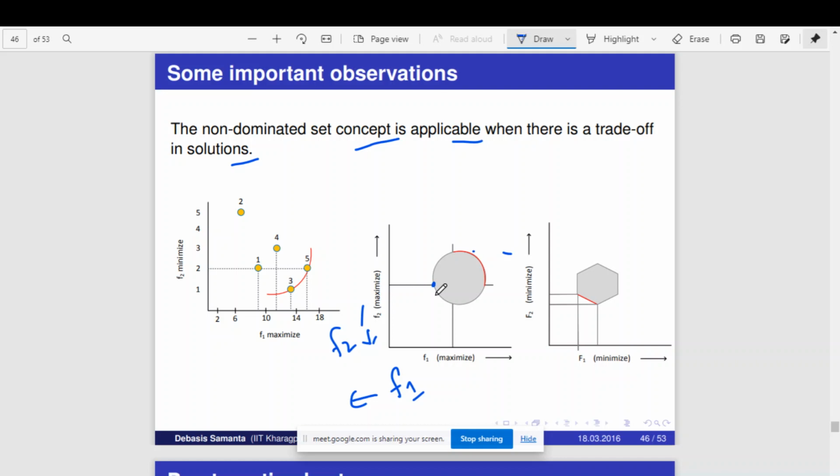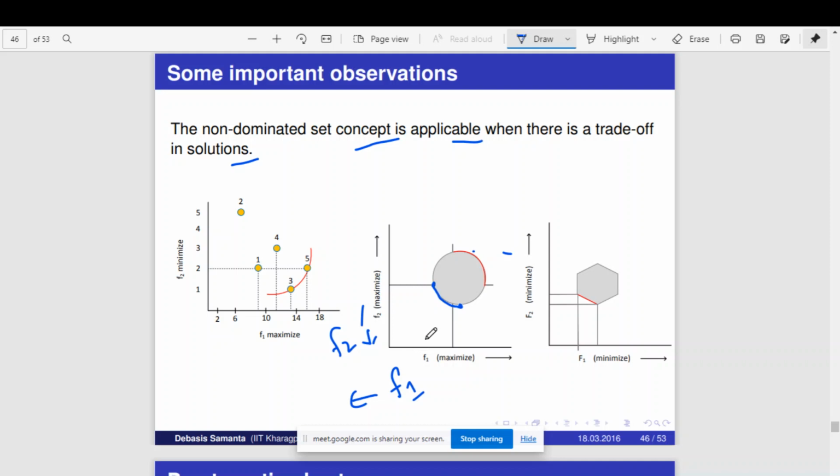If you want to minimize F2, where will the best point be? Down, somewhere here. So where will the Pareto optimal front be? Yeah, this will be the Pareto optimal front.